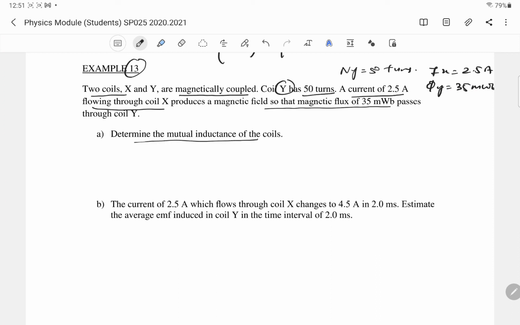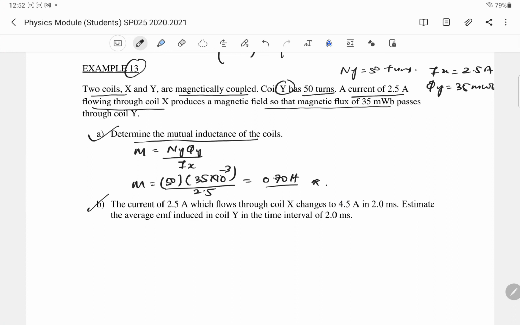Determine the mutual inductance of the coils. So we have M equals NY flux Y over IX. So NY is 50, flux Y is 35 times 10 to the power of negative 3, IX is 2.5. So the mutual inductance will be 0.70 Henry.